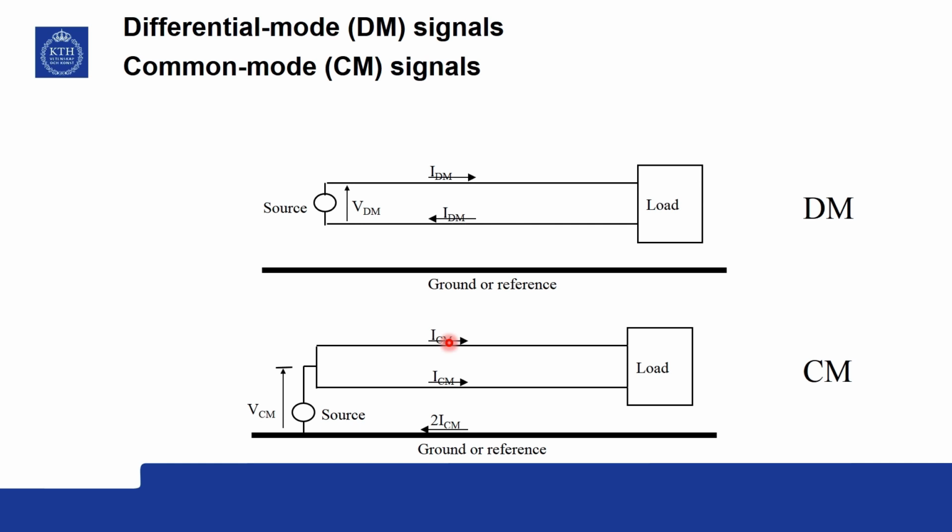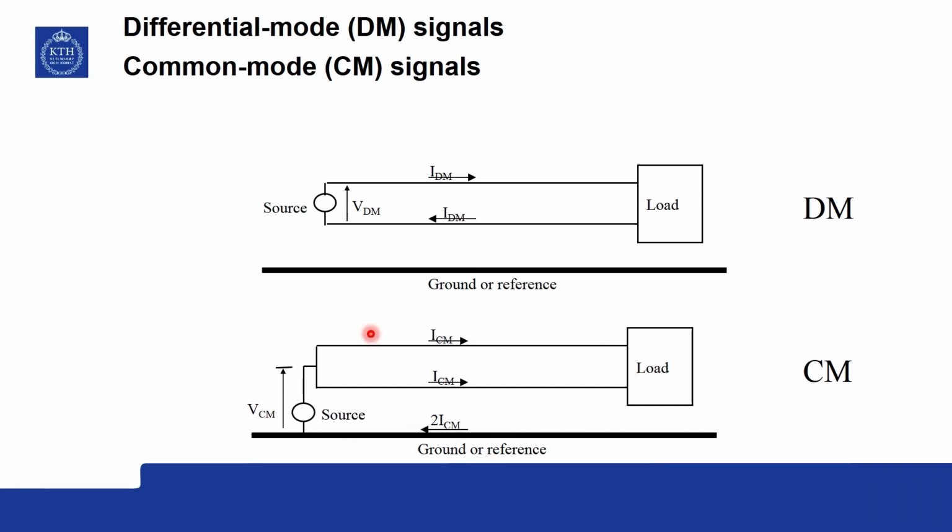So, it is as if you have some source here, a fictitious source. I mean, this action of the electric and magnetic fields can be modeled as a fictitious source that is driving a common mode current through this and back through this. So, this is I subscript CM, and this will be the total common mode current falling back.